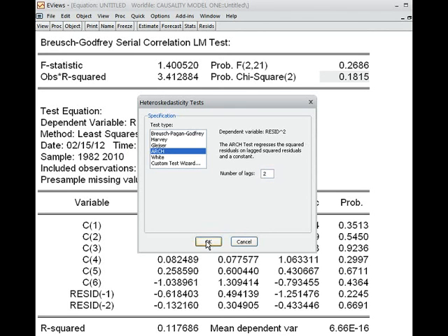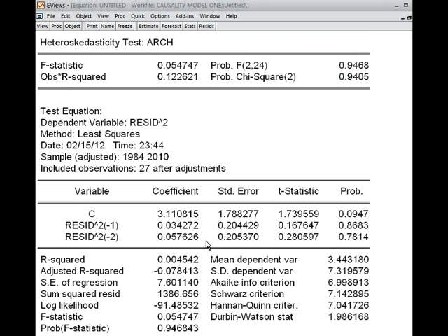Then I run the test. It is the arch test, observed R square and the p-value is 94.05%, which is more than 5%. So we cannot reject the null hypothesis. And what is the null hypothesis? The null hypothesis is there is no arch effect, and we cannot reject it. And that is a good sign for this model. We are happy about it.